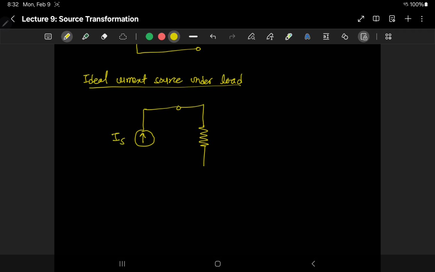Is is the current generated, RL is the load resistor, and let's say the voltage across the load is V, and then V can be written as the product of current and the resistance, right? And let's say the circuit was open.